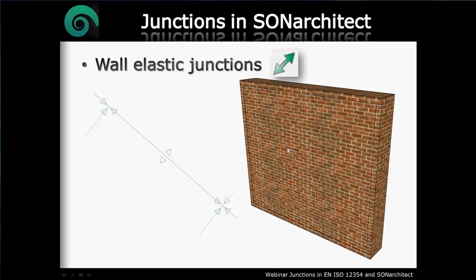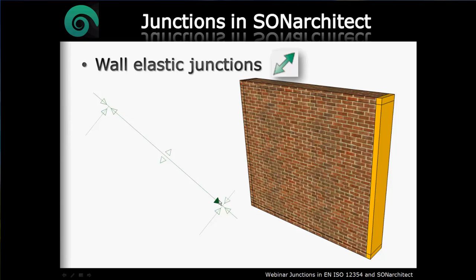Here we can see a wall. This is a representation in this language, and we can see some arrows on top of the lines. This line in the middle is the wall that we are seeing here on the screen right now. If we want to add a resilient interlayer on the right part of the wall, we just have to click on the arrow in the right part.